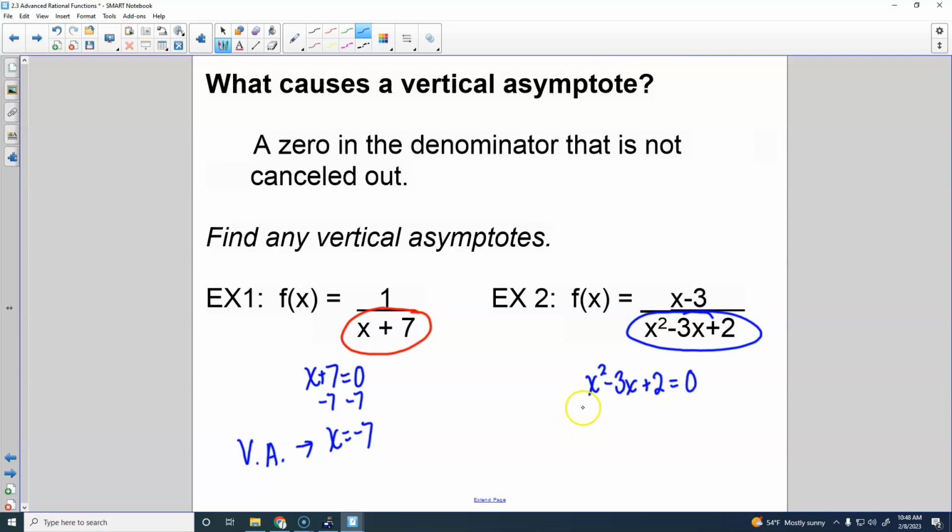So if I factor this, I get x minus 2 and x minus 1. And then I would just set each one equal to 0. So x minus 2 equals 0, which gives me x equals 2. And x minus 1 equals 0, which gives me x equals 1.